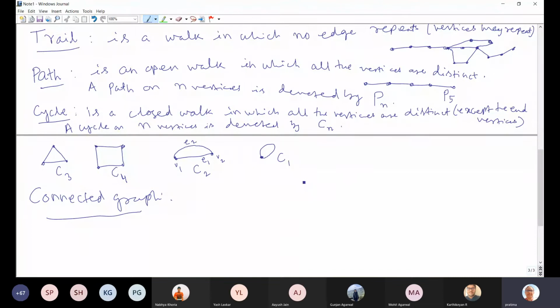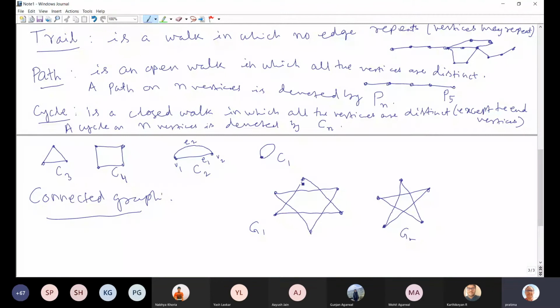Let me give some example. Suppose I draw this graph, and another graph I'll draw here. Say this is G1 and this is G2.